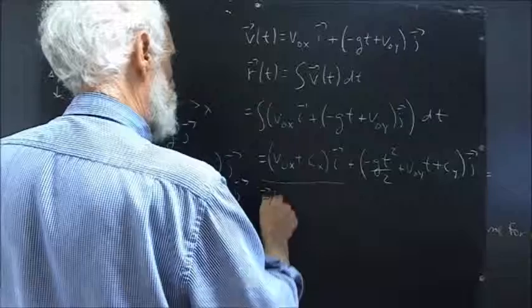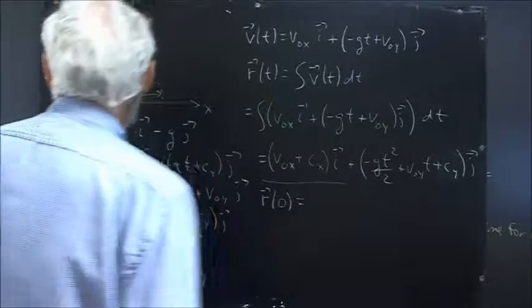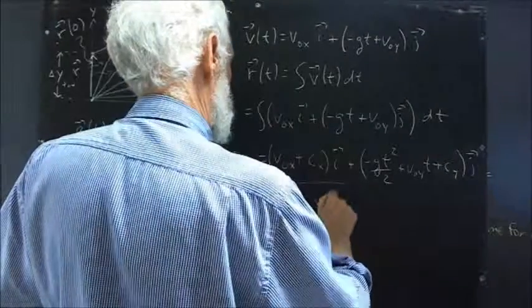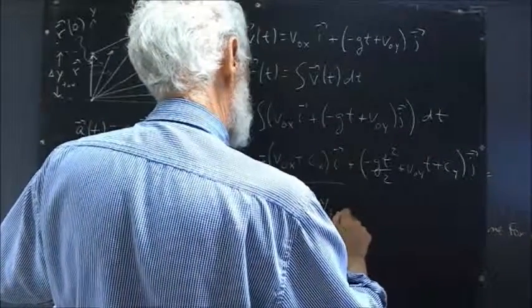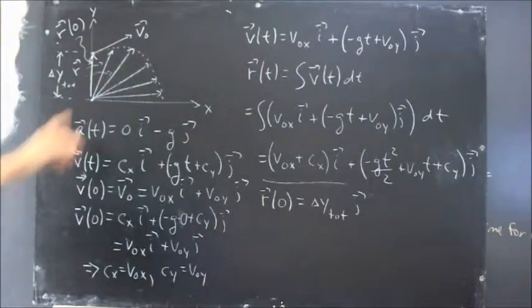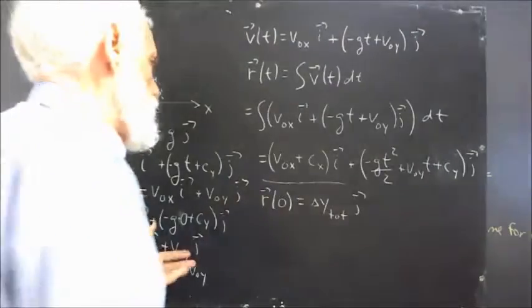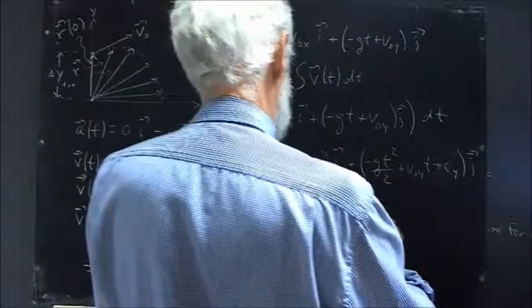Then we use the condition that r of 0 has to equal delta y total times j, this vector.